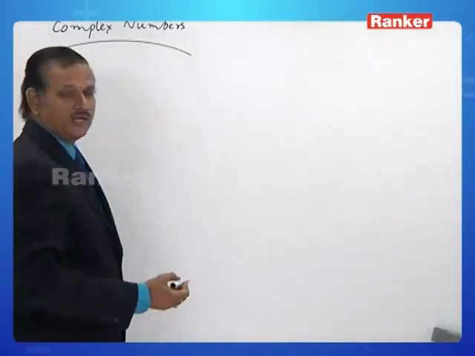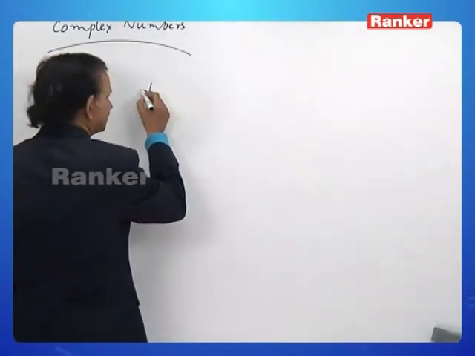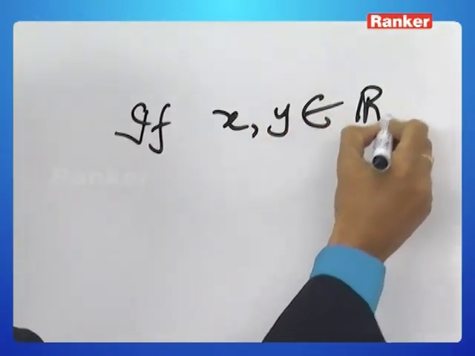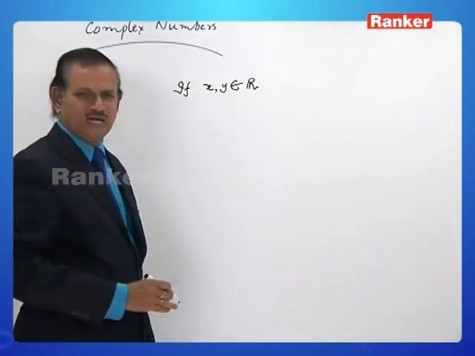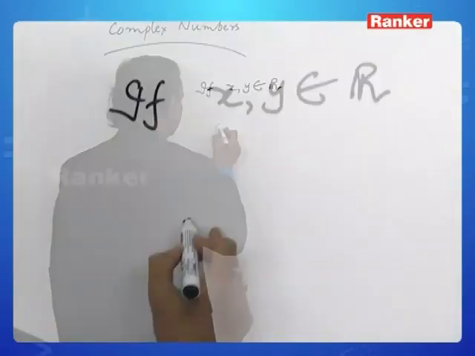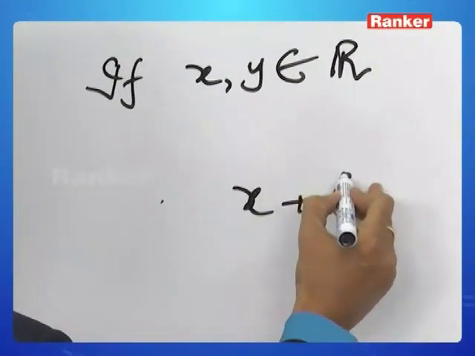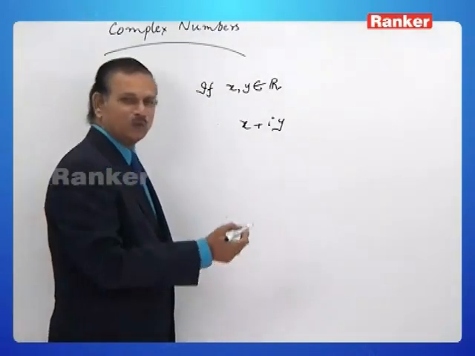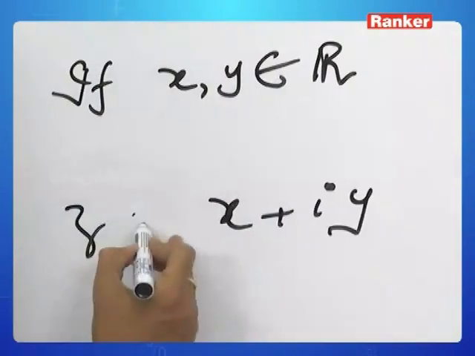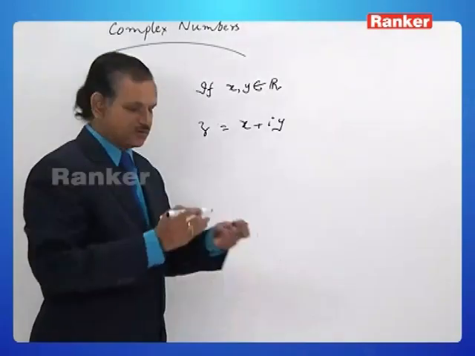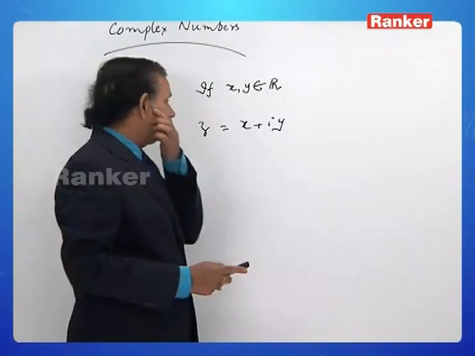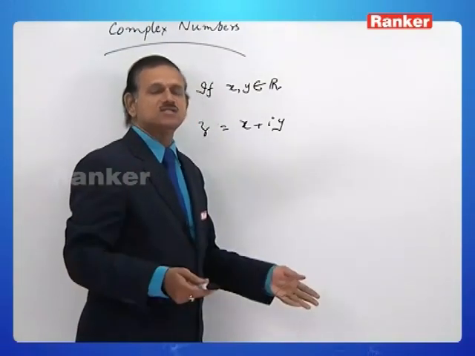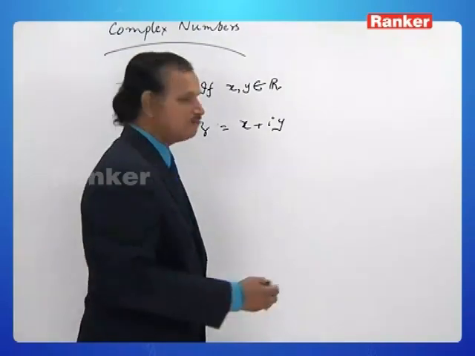Now, if x and y are any two real numbers, if x, y belong to R, then a number of the form x plus iy, for which we generally use letters like z, z1, z2, z3, etc., is called a complex number.